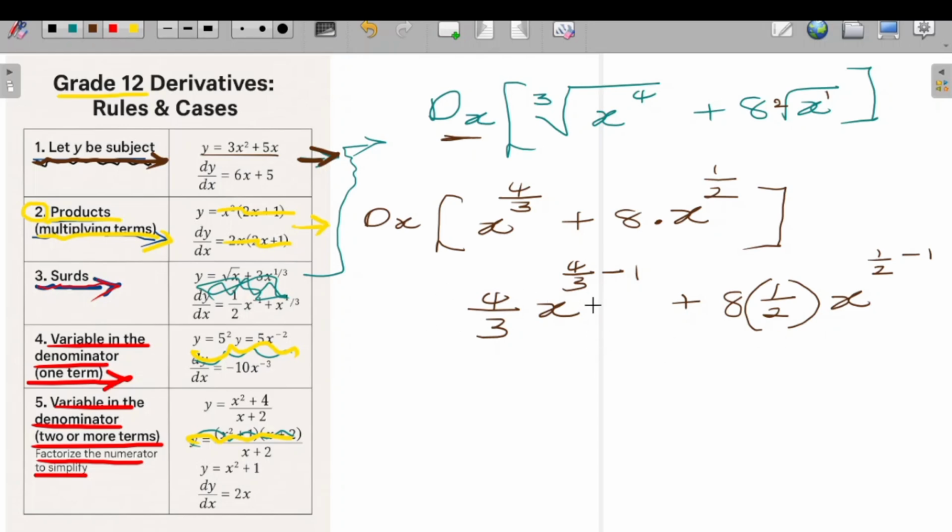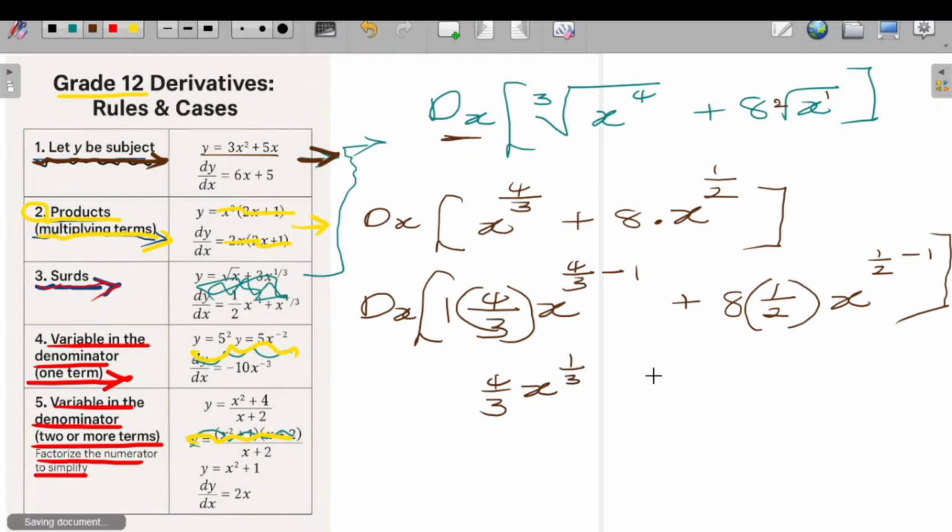Let me put the 1 over here so that you don't say I've derived it already, so I can write d/dx over here. This means I have not derived it as yet. I have just simplified it in the way that makes sense. So now I have 4 over 3 x to the power of 1 over 3.